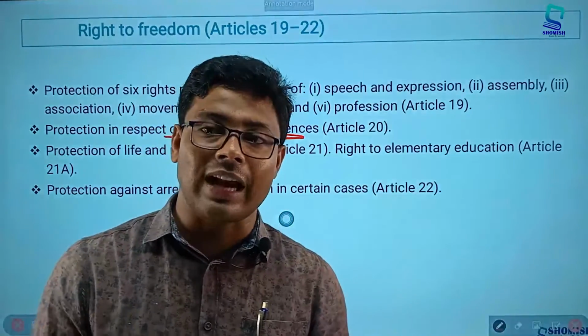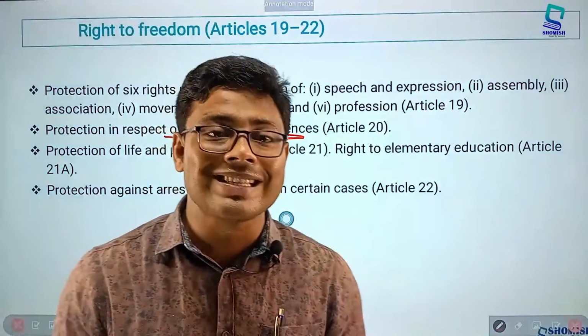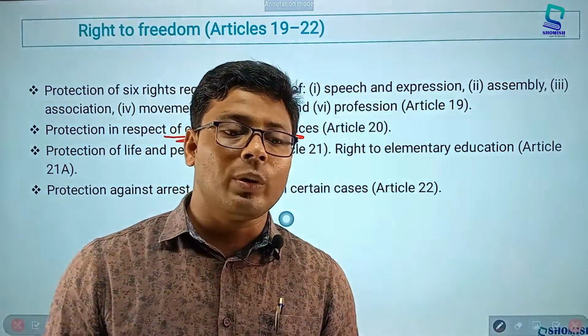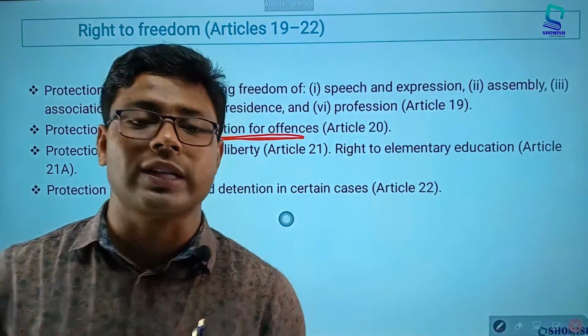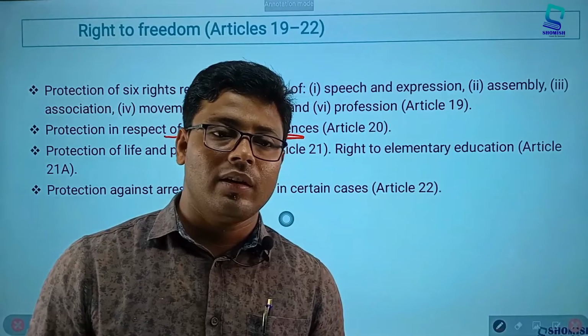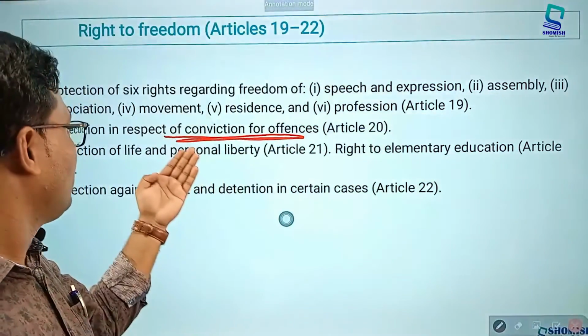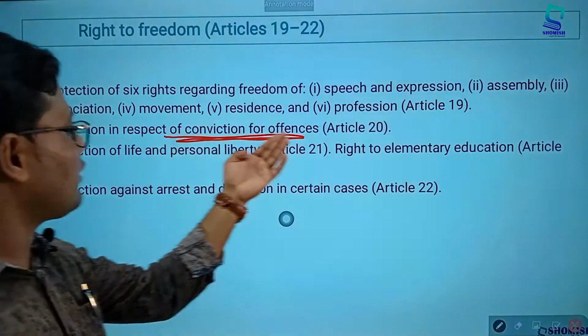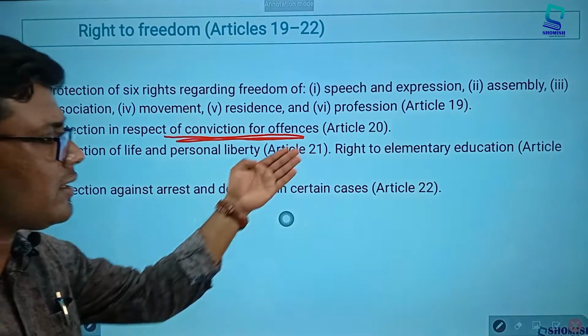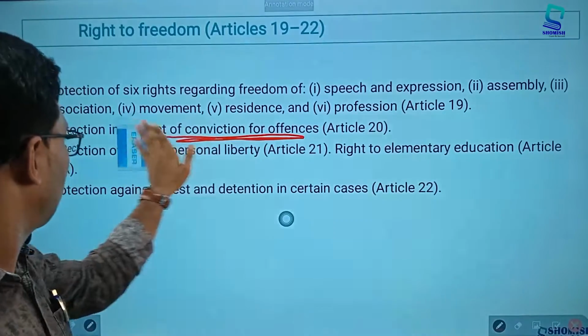If you have committed a crime, you can also seek an advocate on your side. That is the aspect of protection in respect of conviction for offences, Article 20.